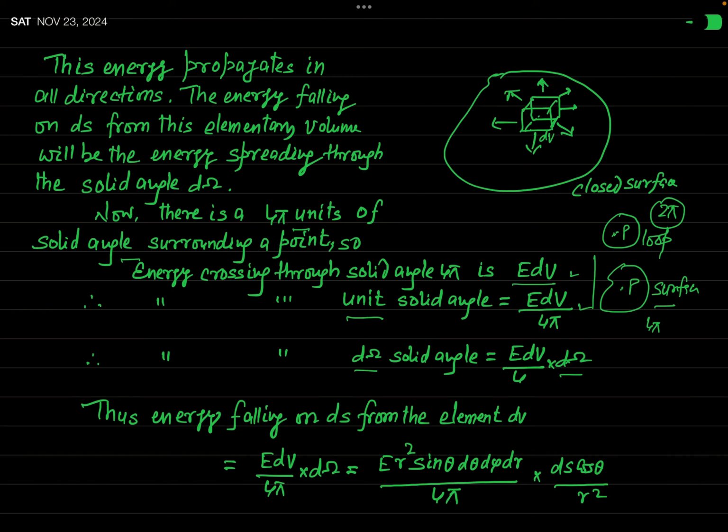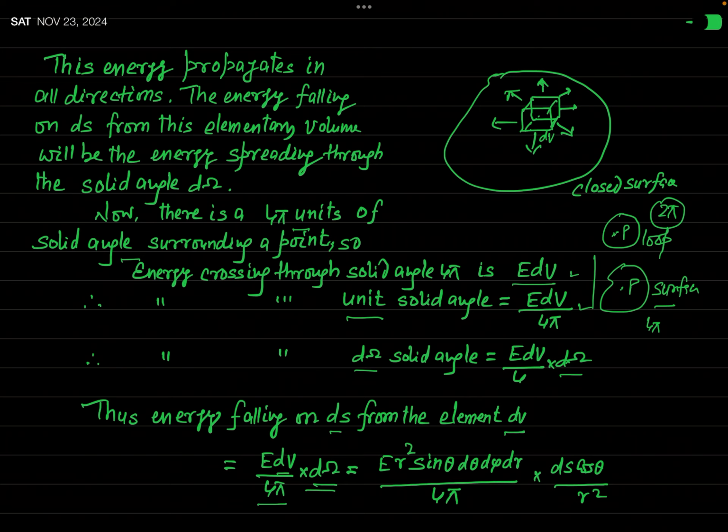But as I have told you, the energy falling on ds from the element dV is simply equal to the energy emitting through the solid angle d omega. So that amount of energy which falls on the surface ds from the element dV is given by E dV divided by 4 pi times d omega. Okay? Now let us substitute the values of dV and d omega, which I have already defined earlier in a spherical polar coordinate system.